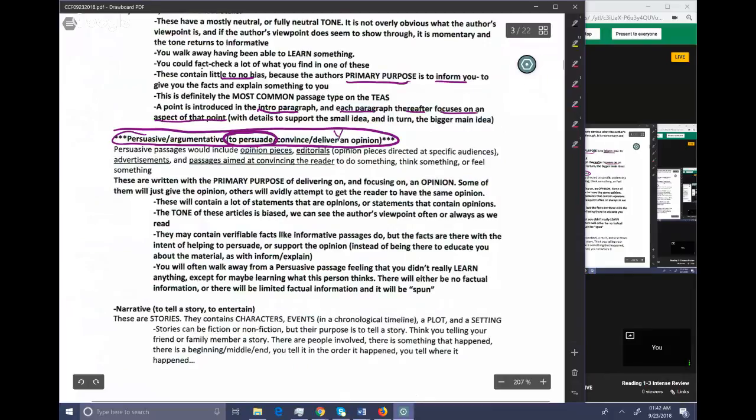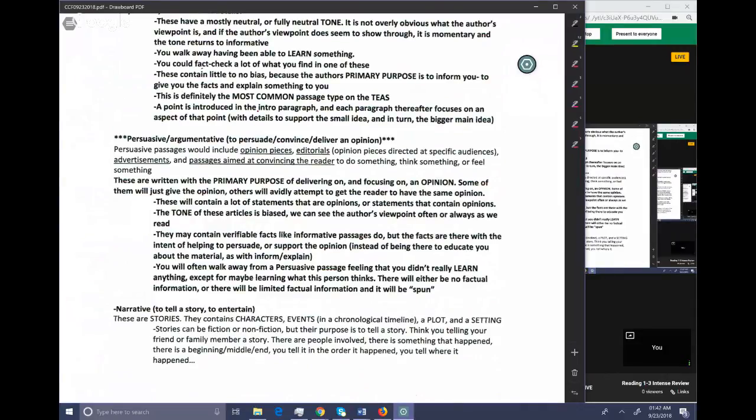This is for you. Something I was not as clear as I would have liked to be in reading 2 is that one of the types of persuasive is not what you would actually call persuasive. So a persuasive is anything that is, again, primary purpose.